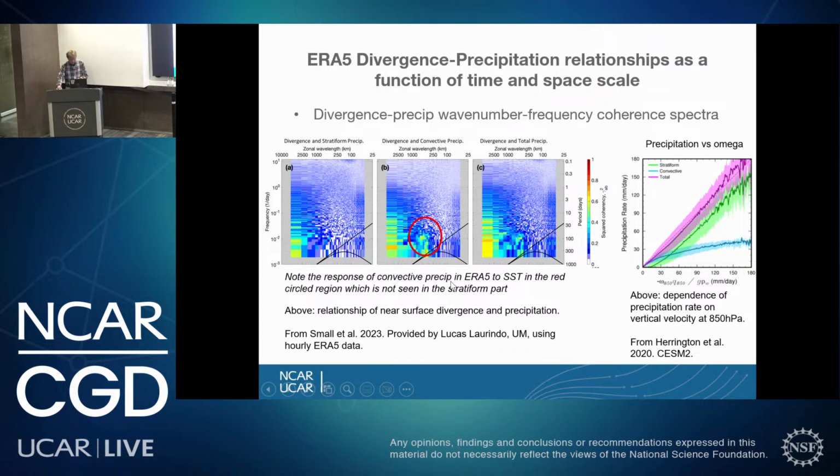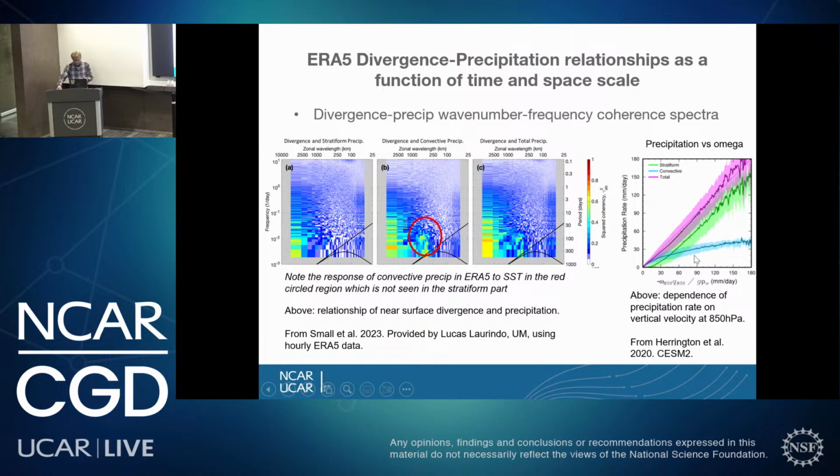That's in ERA5. And then Adam Harrington passed me this plot from his paper on the right. Hopefully you can see I haven't made it too small. But it's looking at the dependence of precipitation rate, which is on the left here, on basically vertical motion at 850. It's scaled, but 850 hectopascal omega is the key thing here.